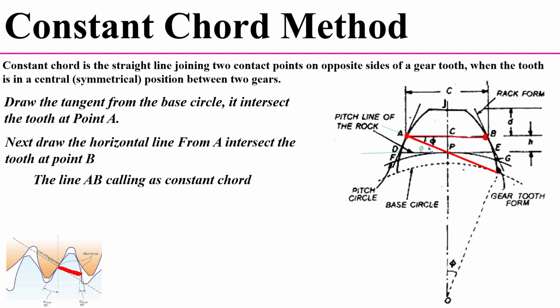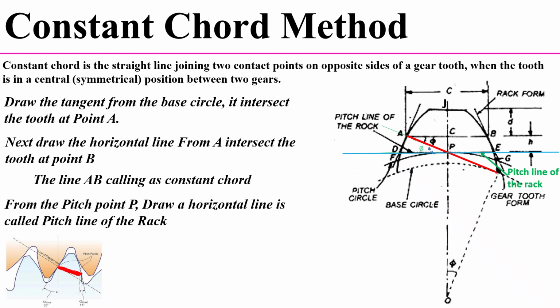Here the line makes an angle equal to the pressure angle phi, and similarly on the other side it also makes the pressure angle phi. This is the procedure to draw the constant chord line. Line AB is the constant chord.